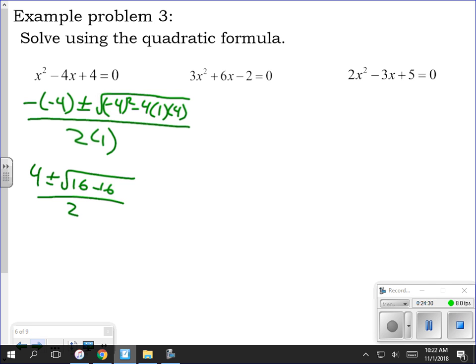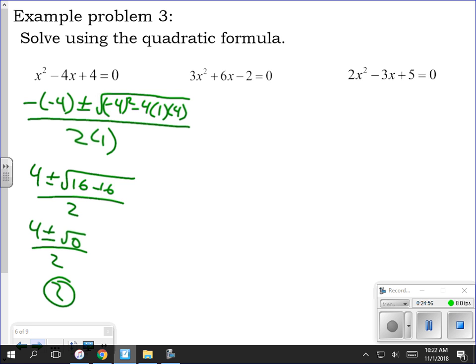All I did was simplify a couple of things. 4 plus or minus the square root of 16 minus 16, that's 0, over 2. What is 4 plus or minus 0? 4. So I get 4 over 2, which is 2.